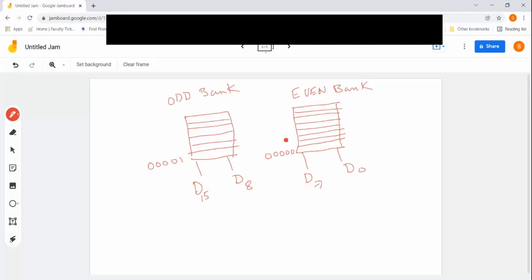What is going to be the next address? It is going to be from the even bank, so the next address is 00002. The next address is going to be 00003. So you can see all the odd addresses are coming from D8 to D15 and all the even addresses are coming from D0 to D7.